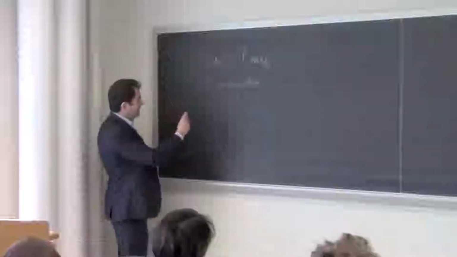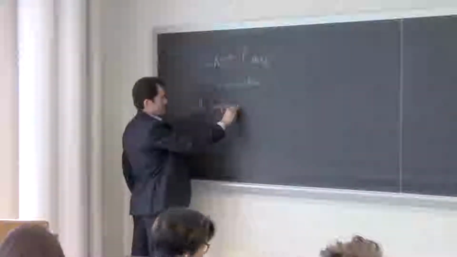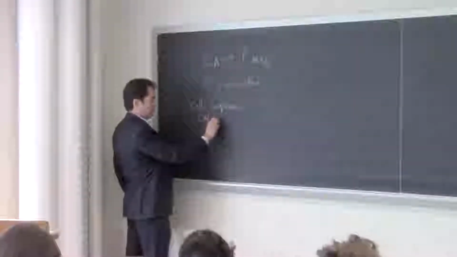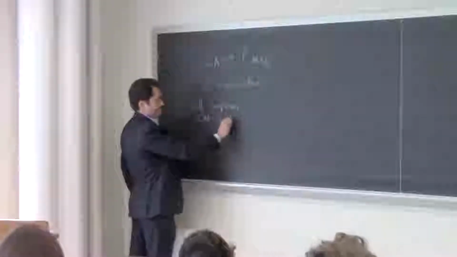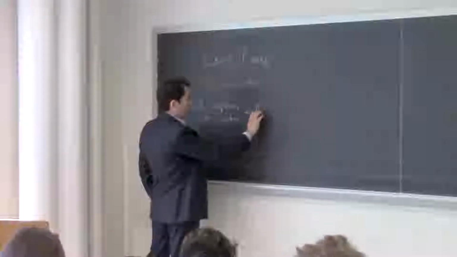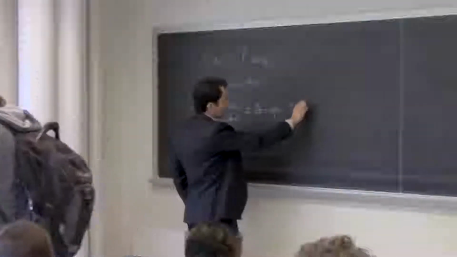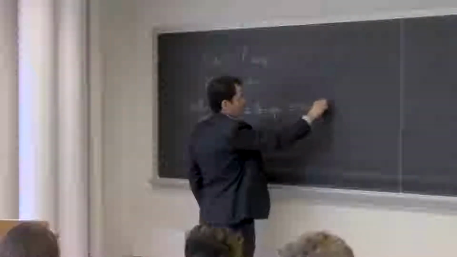So we have cell complexes, which are also called CW complexes. And inside these, we have our delta complexes. And inside those, there's what are called simplicial complexes.